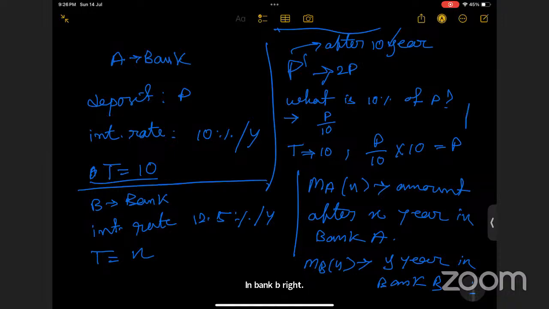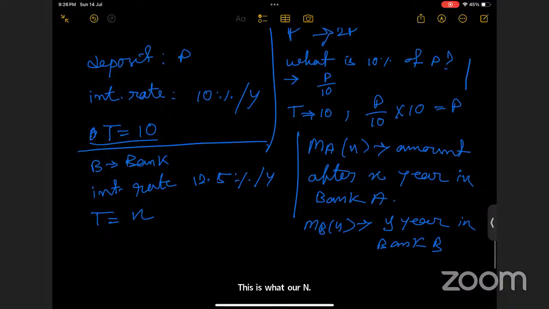This is what our MA and MB are. If the interests are compounded yearly, then choose the set of correct options.